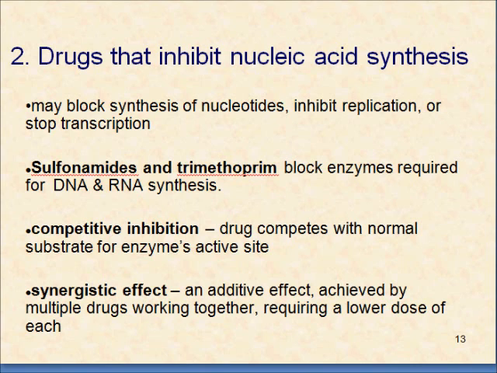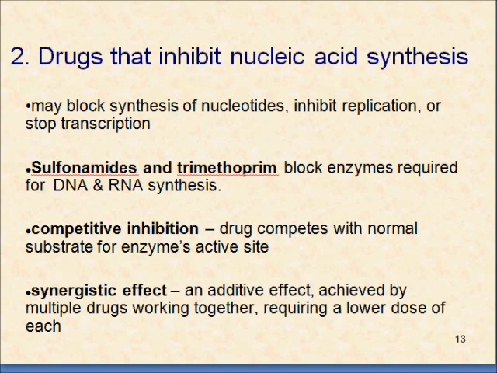There are drugs that inhibit nucleic acid synthesis, and they may block synthesis of nucleotides, inhibit replication, or stop transcription altogether. Now, sulfonamides and trimethoprim block enzymes required for DNA and RNA synthesis, so the cell's not capable of going through its binary fission or mitosis or whatever process it uses.